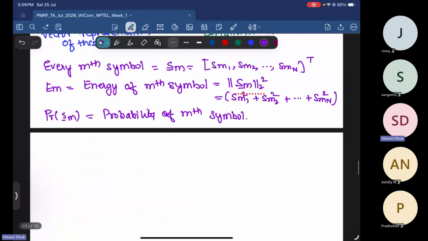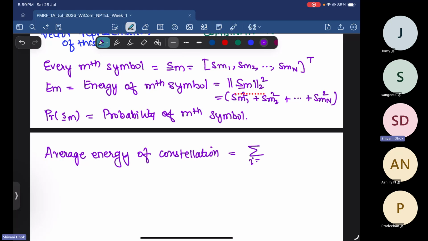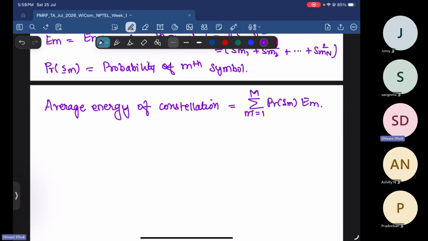This particular constellation will have an average energy or average power. So the average energy of this constellation is given by summation over little m equal to 1 to capital M, of the probability that you are transmitting the symbol sm times its energy. So this is your average energy of the constellation.